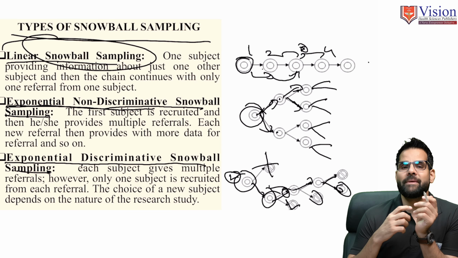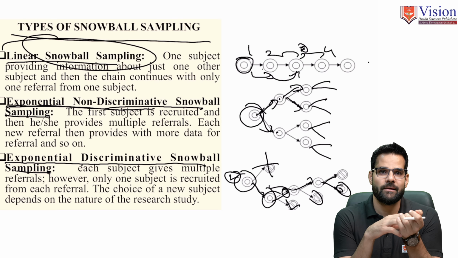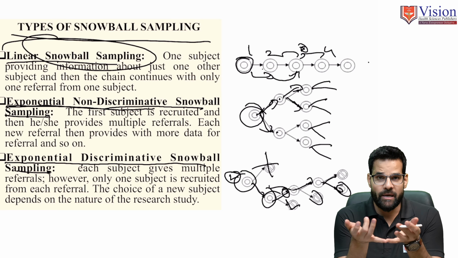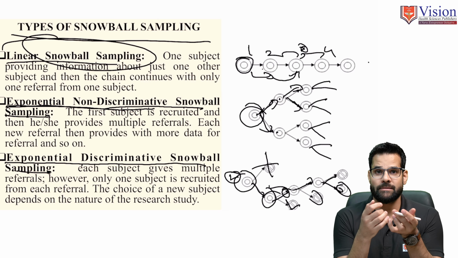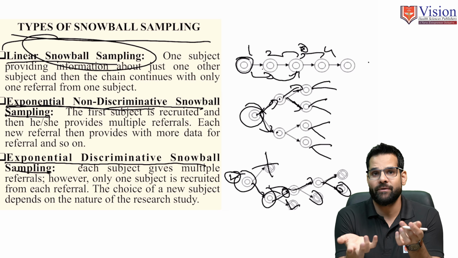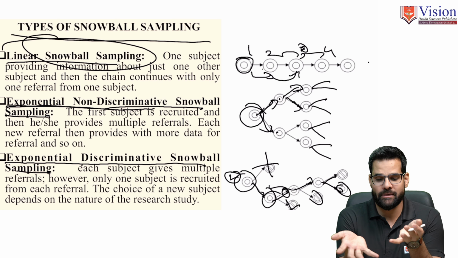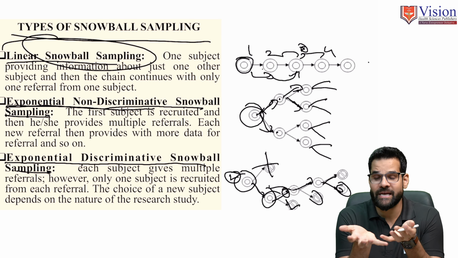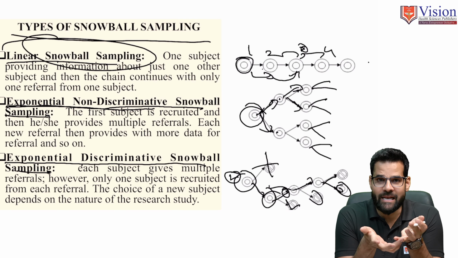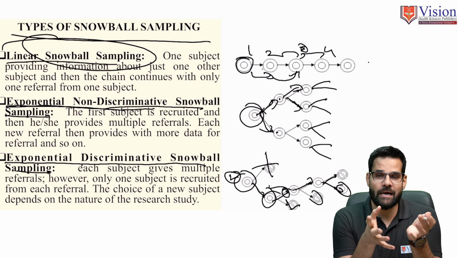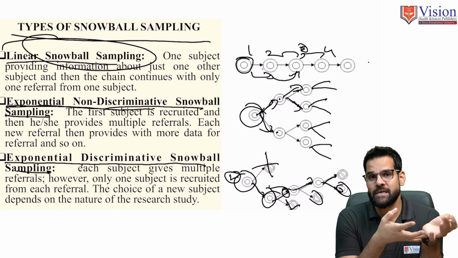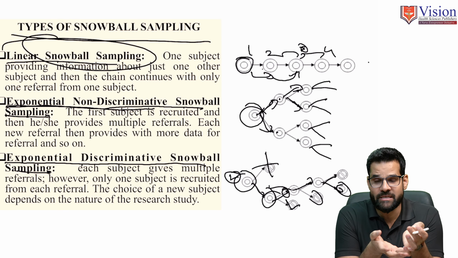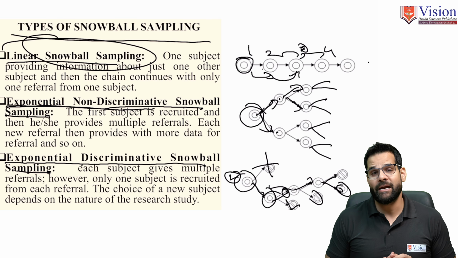Now, what are the merits of snowball sampling? Very simple. For phenomena where samples are not available, for example substance abuse, suicidal tendencies, sexual abuse, domestic violence, all these are phenomena that we study, or maybe certain diseases like sexually transmitted disease and their treatment.